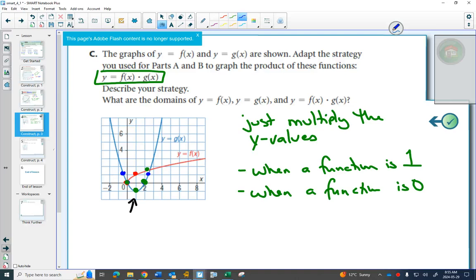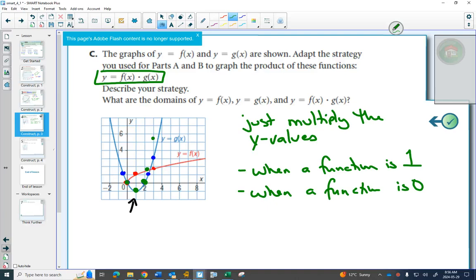We could do other points. Let's look at this one, which is 3, right? And the red graph looks like it's 1.8. What's 3 times 1.8? 5.4. We could do that for 5.4.